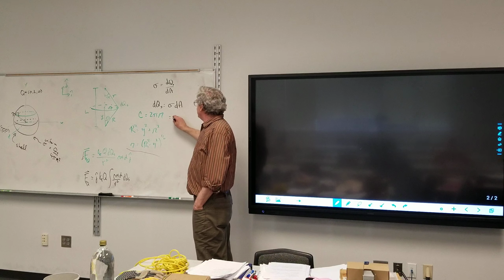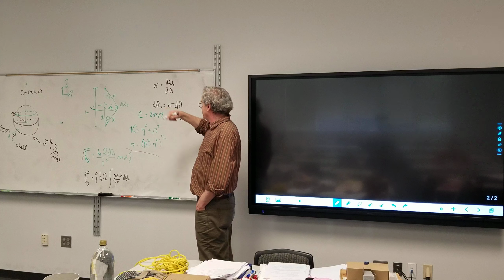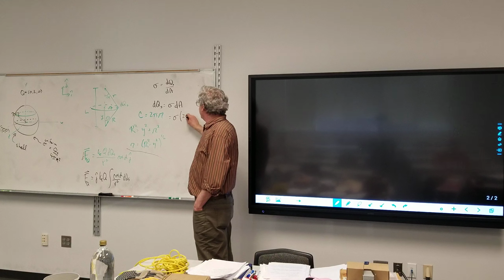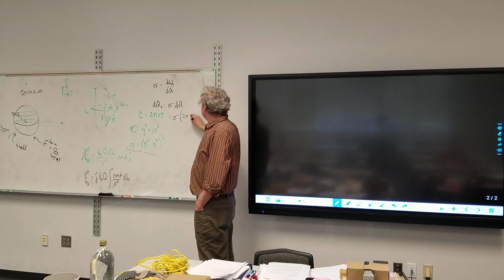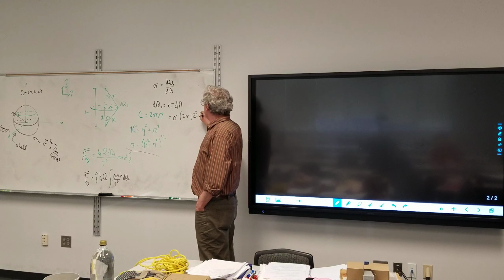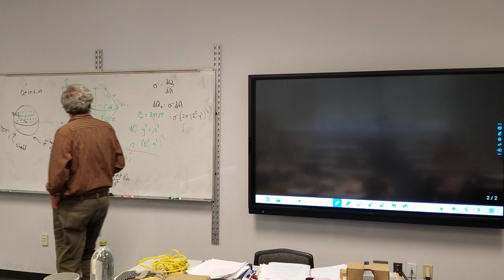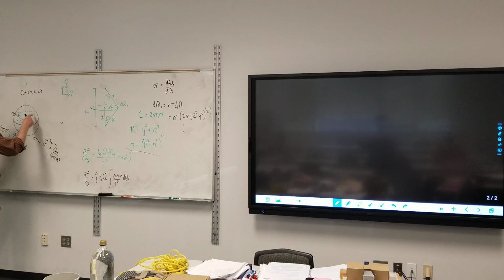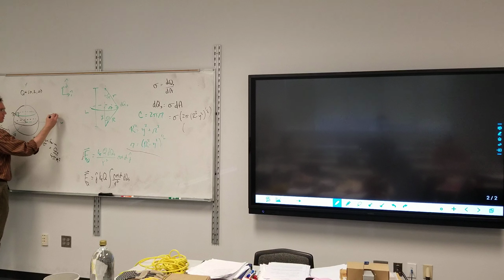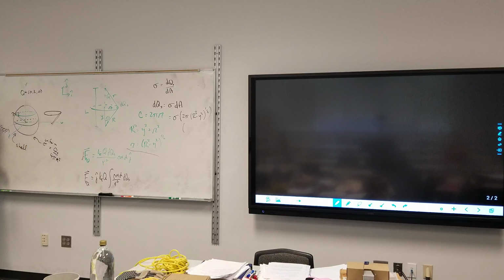So this is equal to sigma times my circumference, which is 2 pi times R squared minus Y squared to the 1/2, times the thickness of this ribbon. So I have this ring that I need to figure out the thickness there.